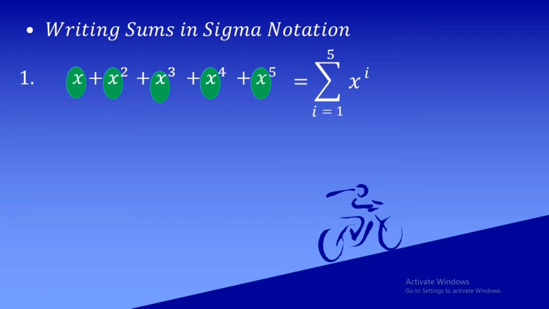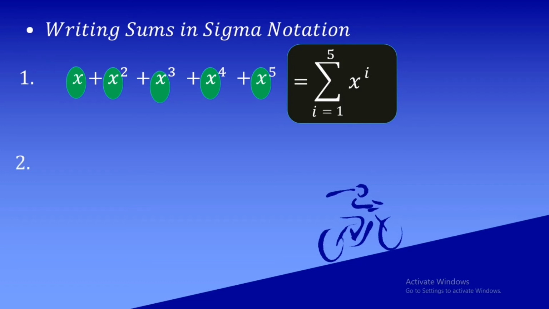So let us check. If i is 1, that is x. If i is 2, x squared. If i is 3, x cubed. Then i is 4, x to the 4, and i is 5, x raised to 5. Okay, so that is the result from series to summation.